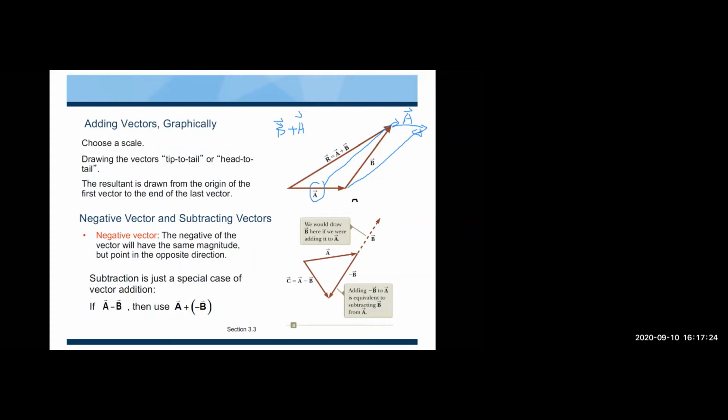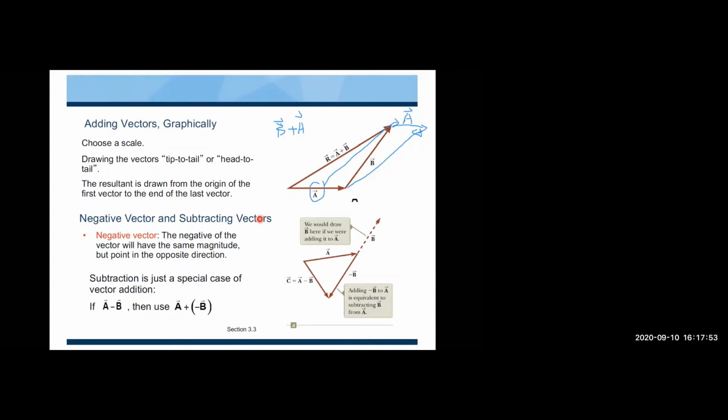The vectors A plus B would be identical to the vector B plus A. So these and these, they are having the same length and pointing in the same direction. So they would be identical. Adding the two vectors can be done in a reversible order. You could reverse the order of addition.